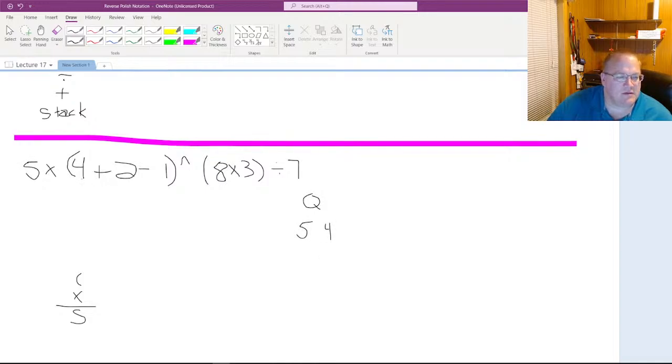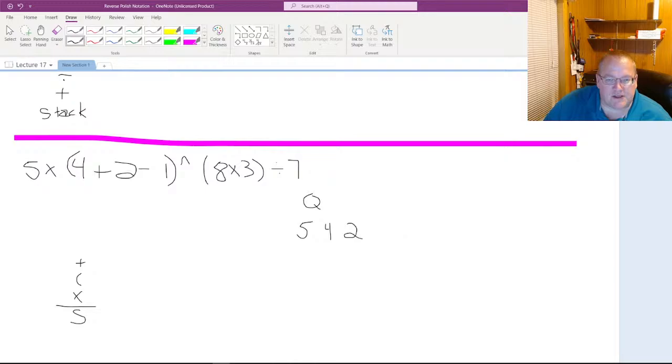See a plus? That's on top. Oh, that's okay. We don't care about that. Then we put the 2. And then we see a minus sign.